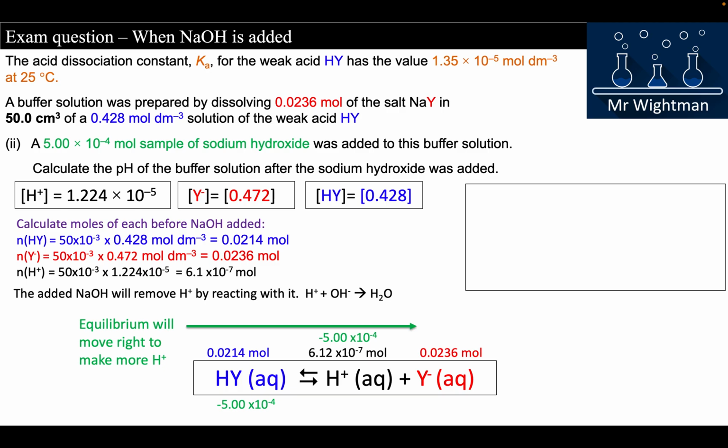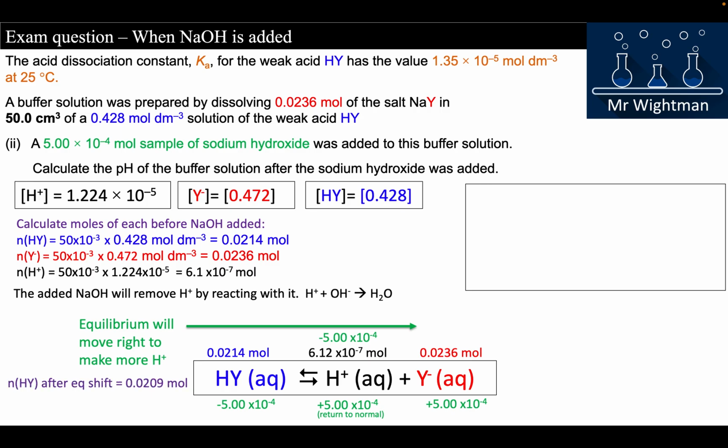One lot of HY makes one lot of H+ and one lot of Y minus. And then when it moves right, the Y minus would also increase by 5 times 10 to the minus 4 as well. So the H plus returns to normal, back to 6.12 times 10 to the minus 7, so to speak. And the Y minus is going to be 0.0236 added with 5 times 10 to the minus 4.